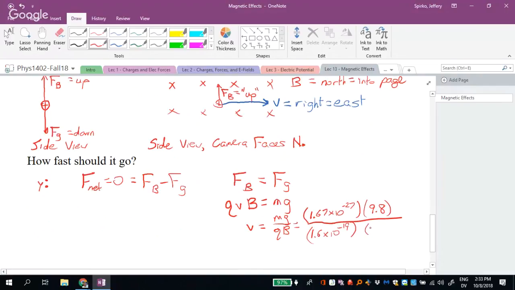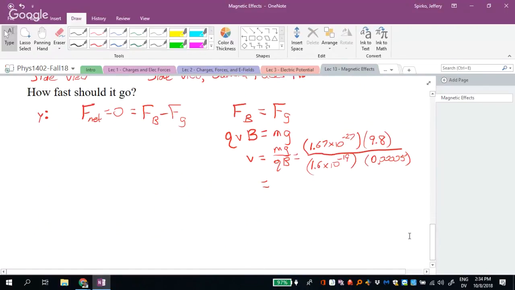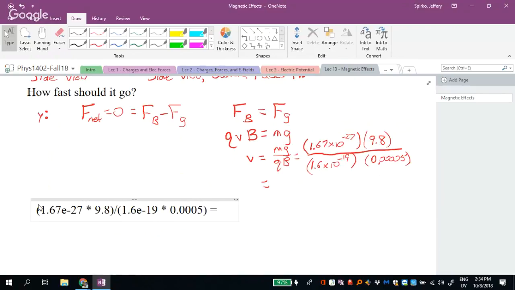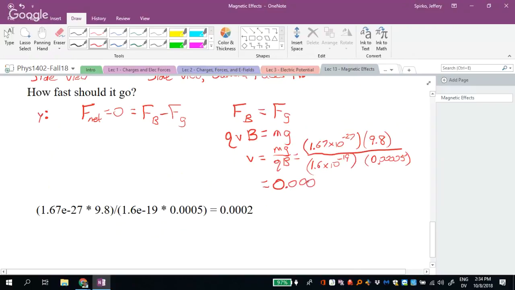And then the B was 0.00005. So we'll just do that here. .0002 meters per second.